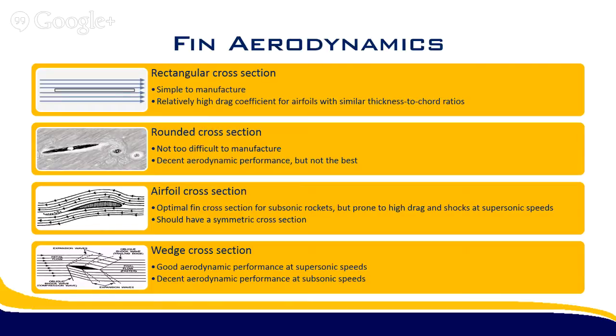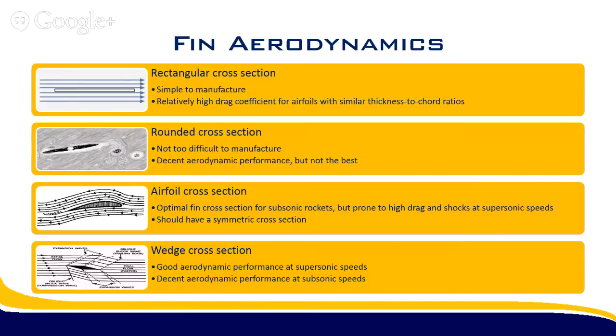Obviously, this is kind of an optimal cross-section for rocket fins when you're going below the speed of sound, but above the speed of sound, traditional airfoil shapes are not necessarily the most aerodynamic. That's actually what the wedges are for, and that has to do with the shocks that you have.